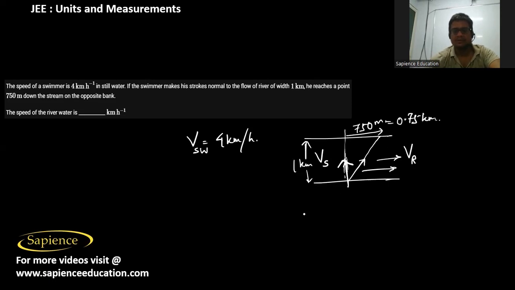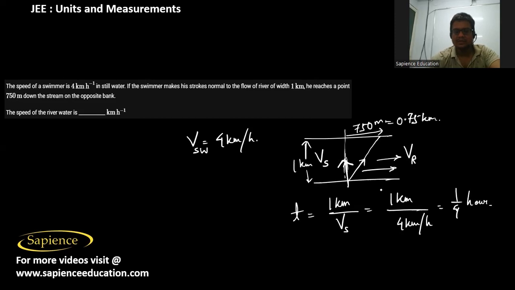So the time taken by him to reach the opposite bank will be equal to the width of the river divided by the speed of the swimmer, since he applies his strokes normal to the flow of the river. That is 1 kilometer divided by 4 kilometer per hour. So this is 1 by 4 hours. 1 by 4 hour he takes.